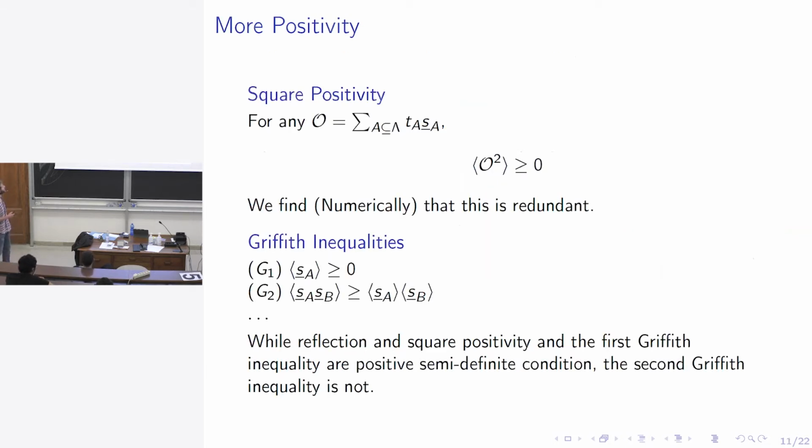So there are more positivity constraints. Square positivity is this weird lattice positivity where you can take any operator. This is not on a half plane. This is just any combination of spin variables on the lattice, and you just square it, and it has to be positive because this is just an infinite sum of positive quantities.